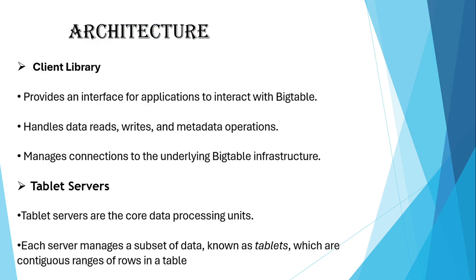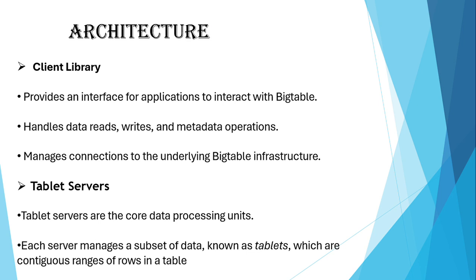Now, what is the architecture? First, the client library provides an interface for applications to interact with Bigtable, handles data reads, writes, and metadata operations, and manages connection to the underlying Bigtable infrastructure. Tablet servers.